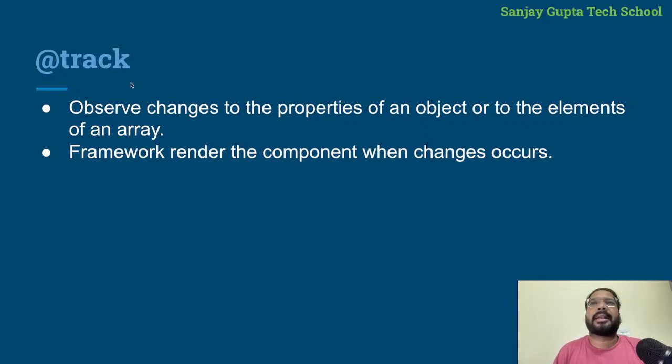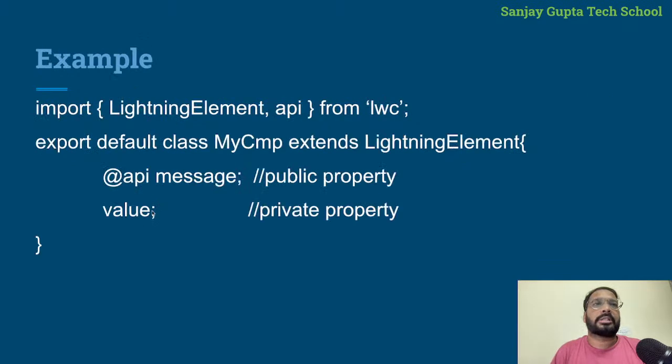Now, @track. In the initial days of Lightning Web Component, for this kind of private property, we used to use @track. On Google, if you search some blogs or examples, you will see @track used for properties. But nowadays, you don't need to write @track for any property.